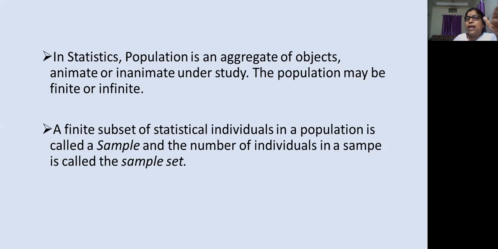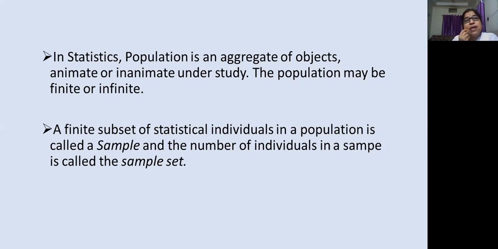The literal meaning of population is the number of people who live in a particular country, place, state, locality or area. But in statistics, population means an aggregate of objects, animate or inanimate, under study.